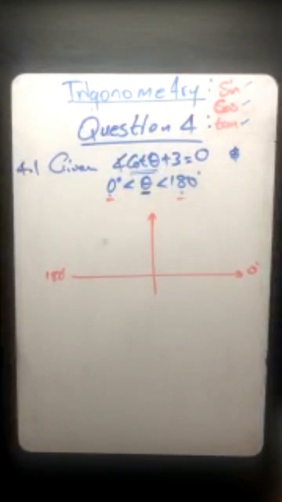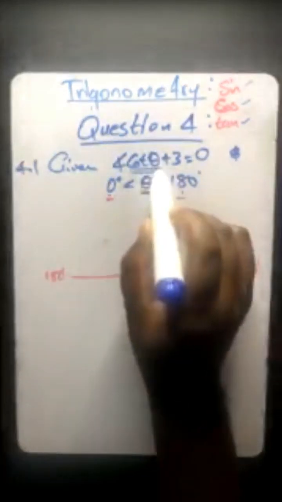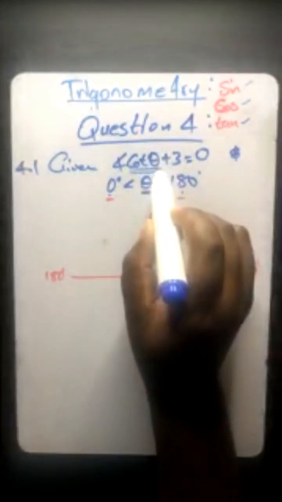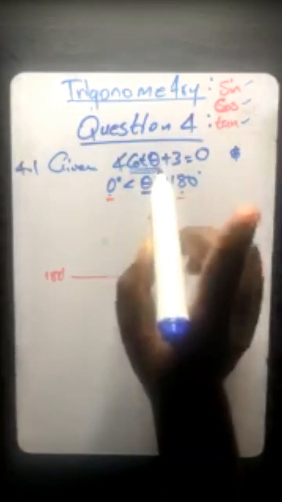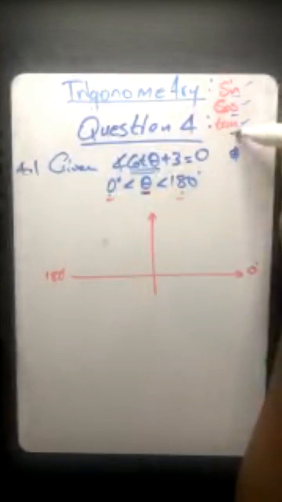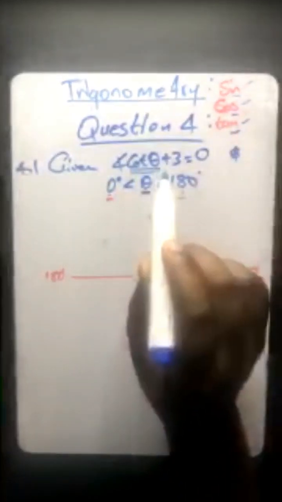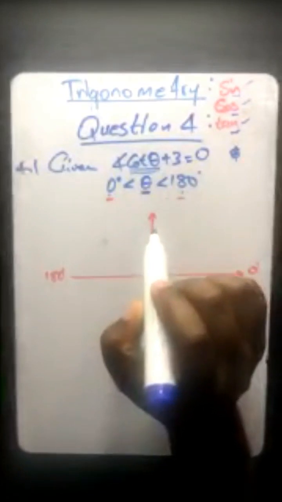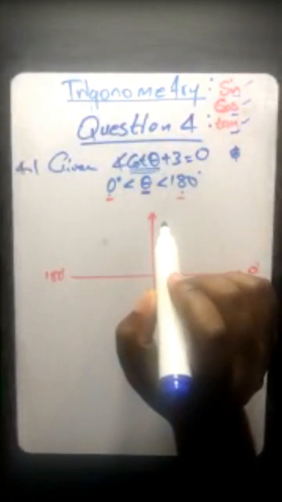But most importantly, let's follow the correct procedure. Whatever is given to you, whether it is a trigonometric ratio or a reciprocal, remember, a trigonometric ratio is either sine, cos, or tan. A reciprocal is either cot, cosec, or sec. So here it's given to you as a reciprocal.